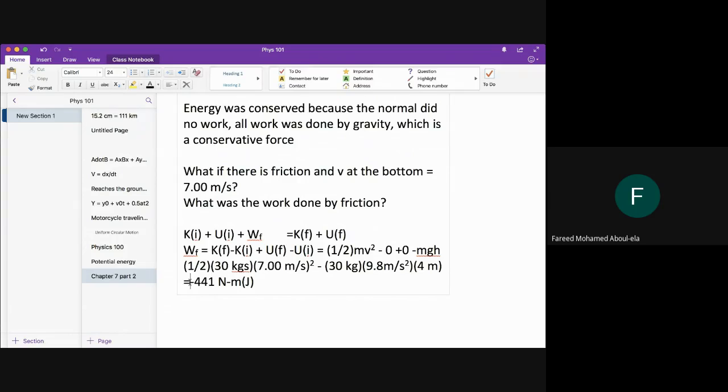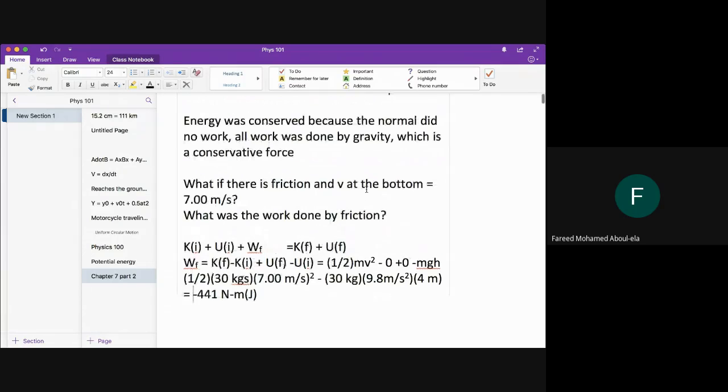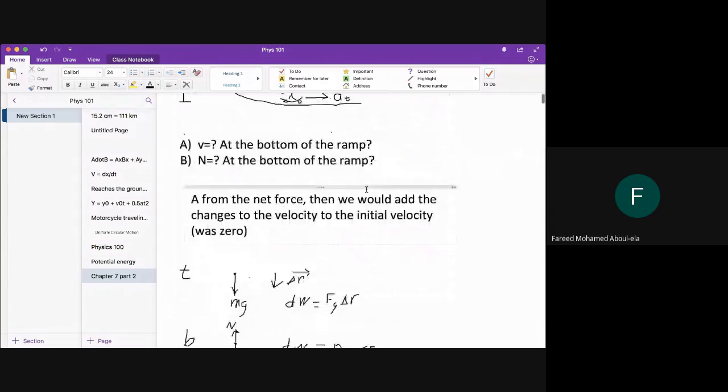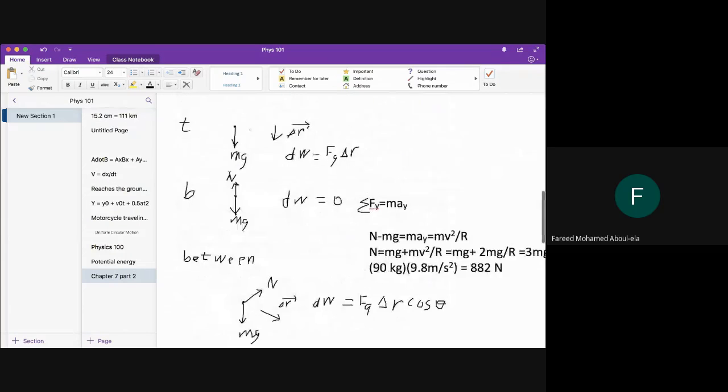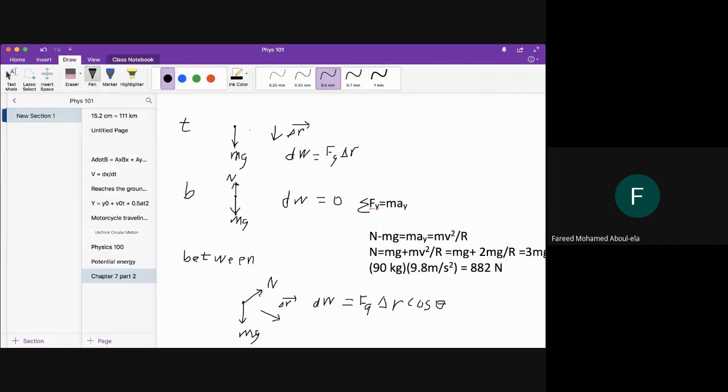Okay, so notice it is negative. Why is that? Because the direction of the friction is opposite to the direction of the motion. So the friction was always opposing the motion or opposing any change in the motion.